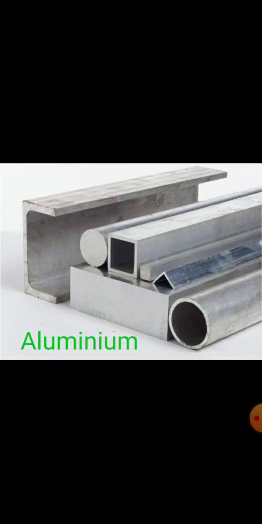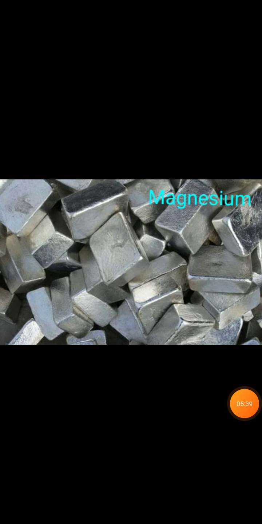Like this, the metals present in the high reactivity series, which are highly reactive, such as sodium, calcium, potassium, magnesium and aluminium, cannot have their oxides reduced by carbon. Why is it so? Why can carbon not reduce the oxides of these metals?